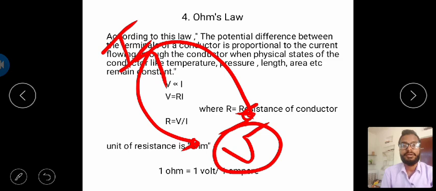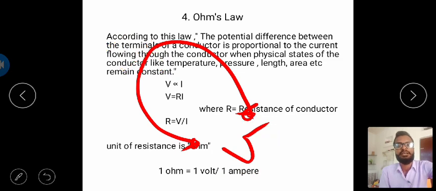If the current is high, then the voltage developed across these two terminals will be high. So we can say that the voltage is directly proportional to the value of current I.